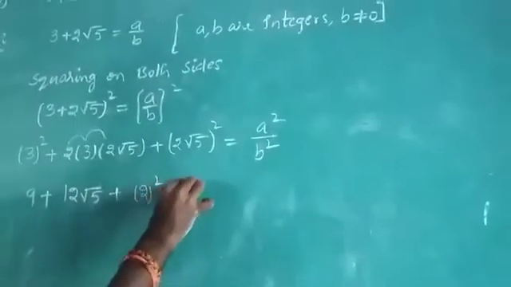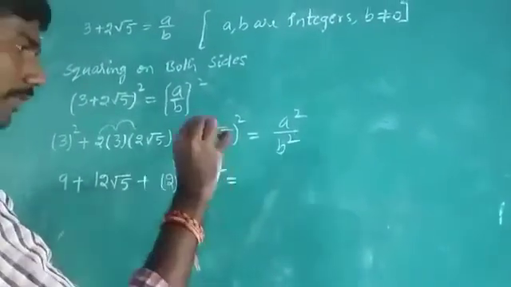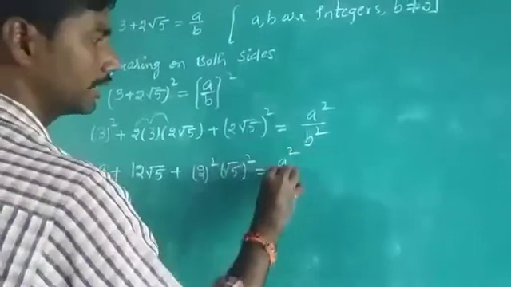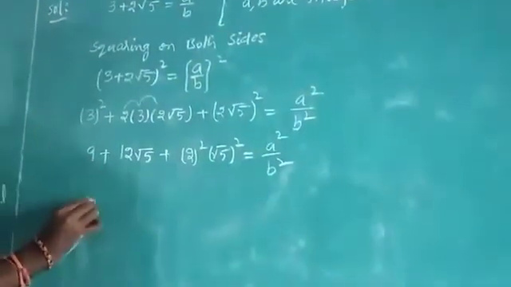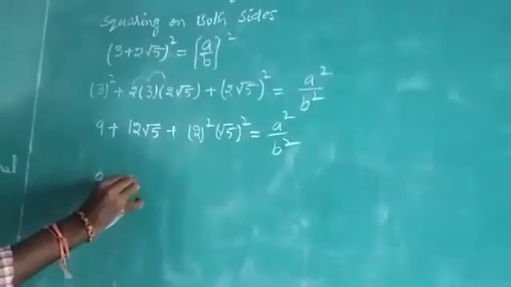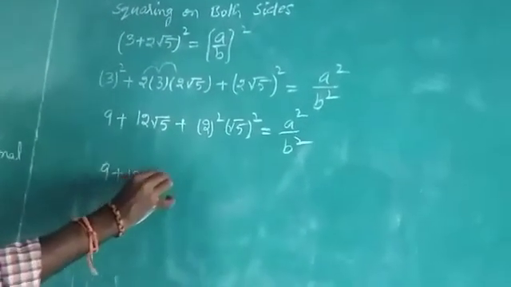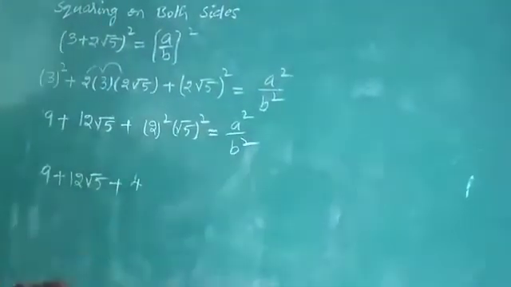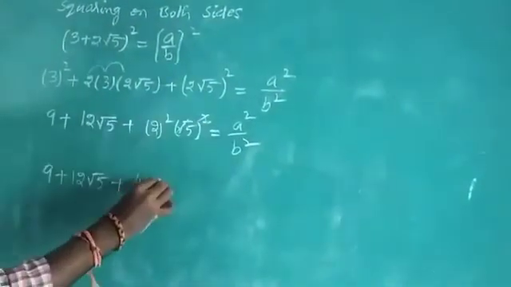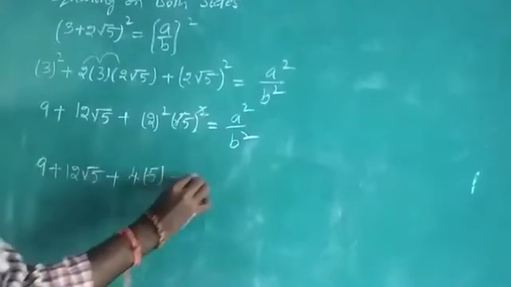Let me write this as 9 plus 12 root 5 plus 2 2s are 4, square root get cancelled, 5 into 5.